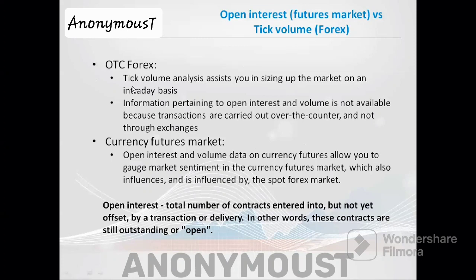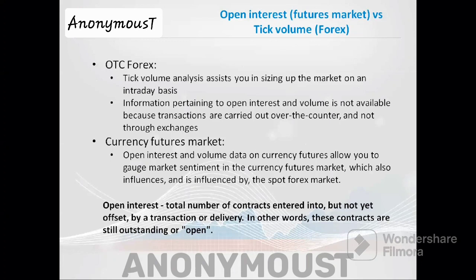Now it says tick volume analysis assists you in sizing up the market on an intraday basis. It means, how much is the volume today? It helps you find out how strong the trend was on the buying or the selling side.